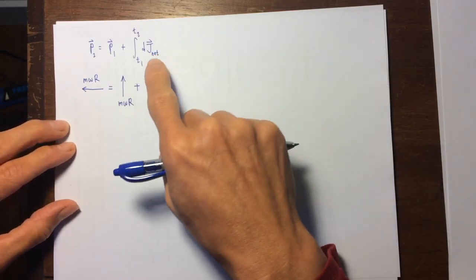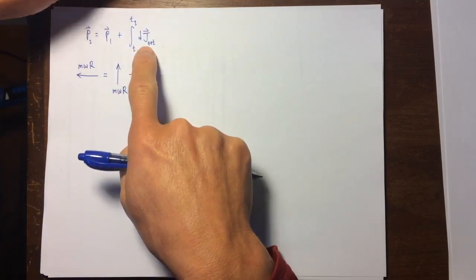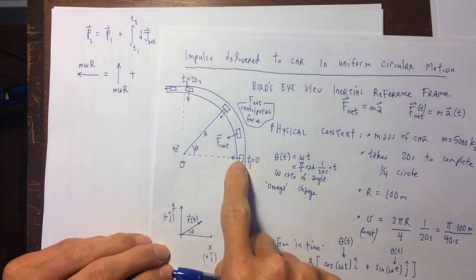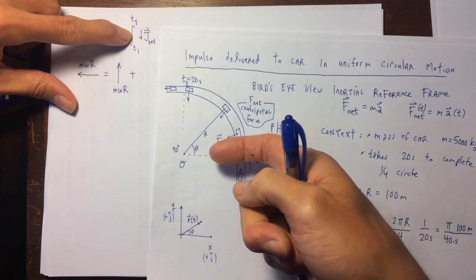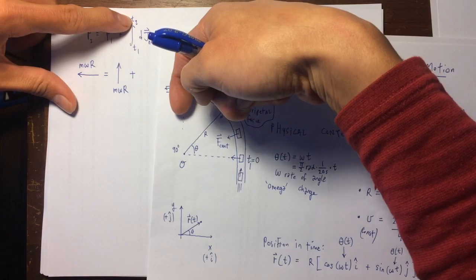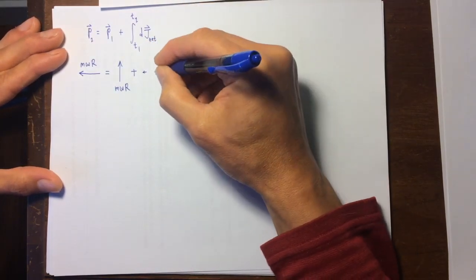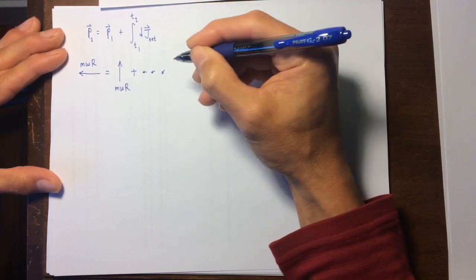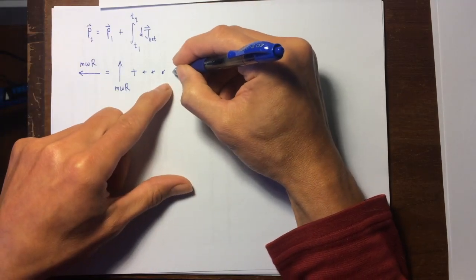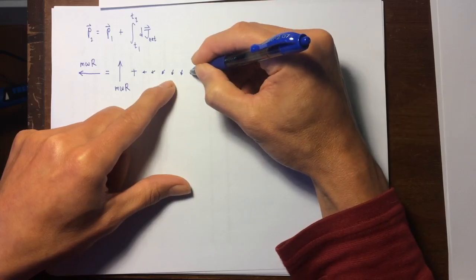And then plus, what I'm saying is, here we must add up a whole bunch of little tiny vectors. Those small vectors start at T1, they start leftward, and then as I go across time, they end up downwards. And we have to add all of those things up. So what that looks like is it starts off with a small vector leftwards, and then another small vector a little bit down to the left, and another a little bit more down, less left, even more down and even less left, almost completely vertical, and now finally vertical.